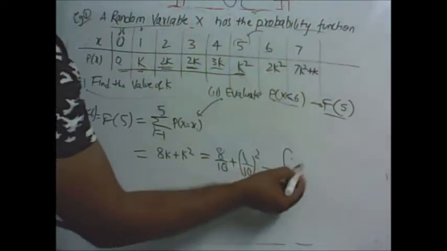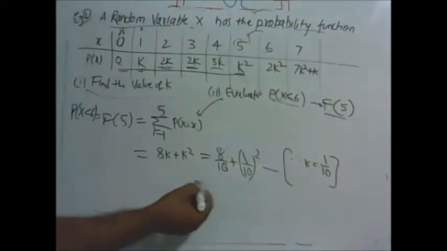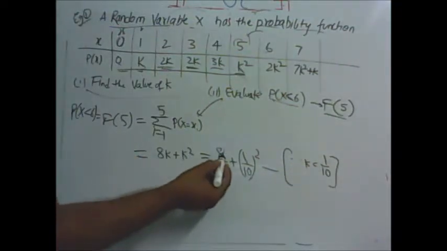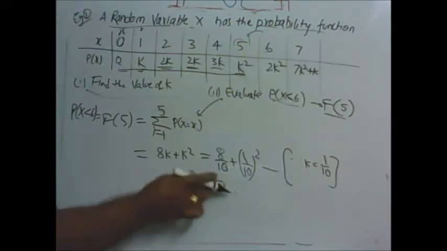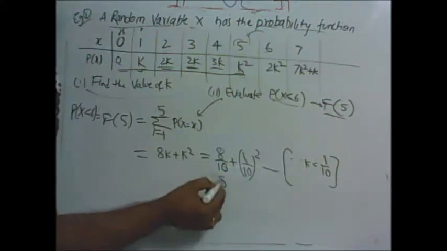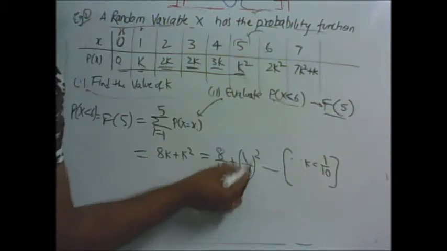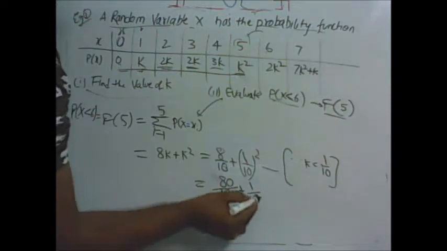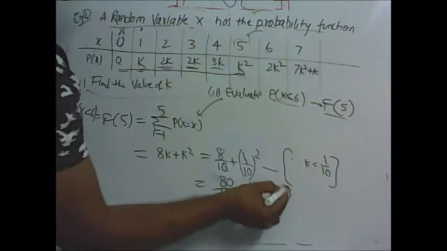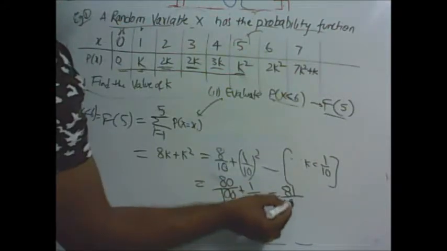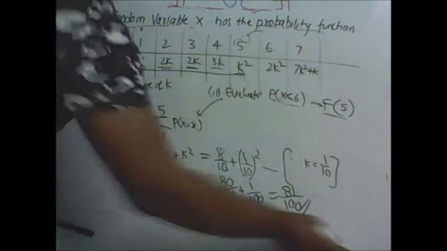We multiply by 10 upside and downside, so 80 divided by 100 plus 1 by 10 square, which means 1 by 100. The denominator is the same, so we add the numerators directly: 81 divided by 100. So this is the answer. Hope this is clear for all of you.